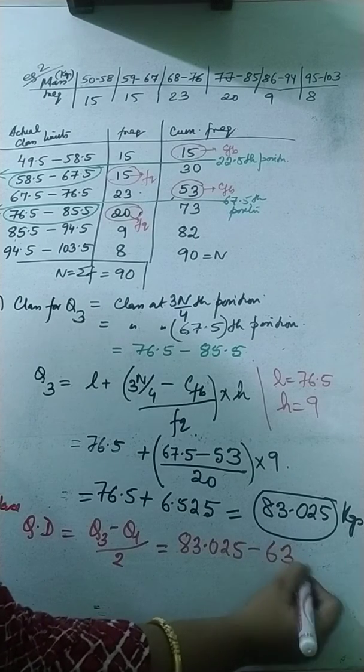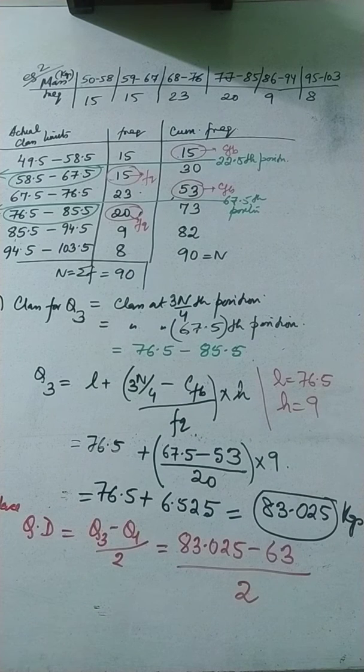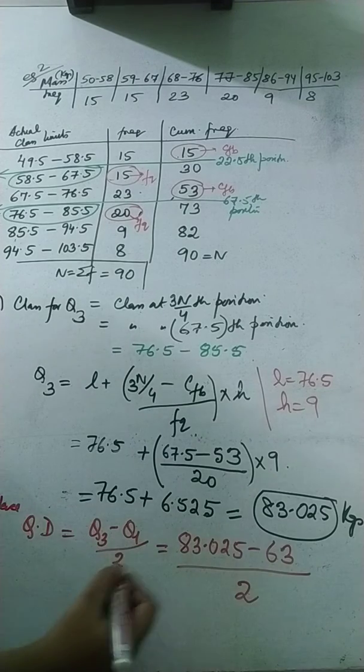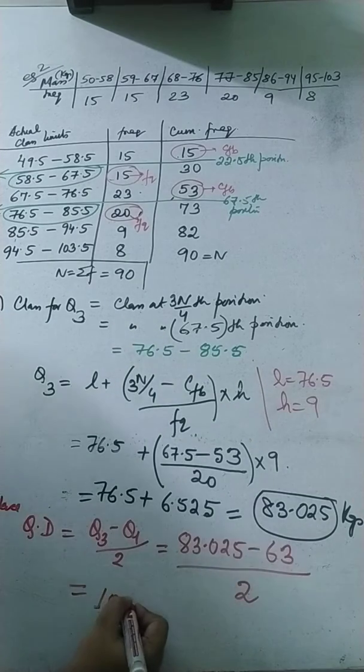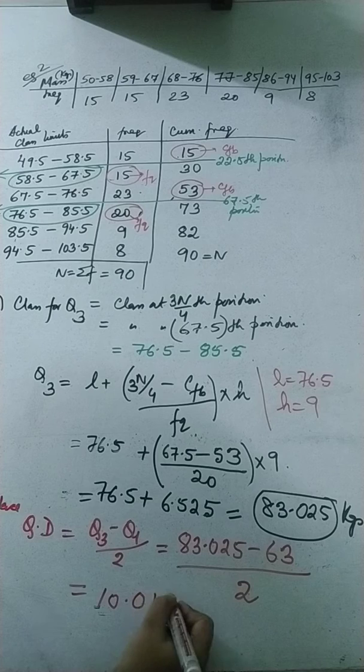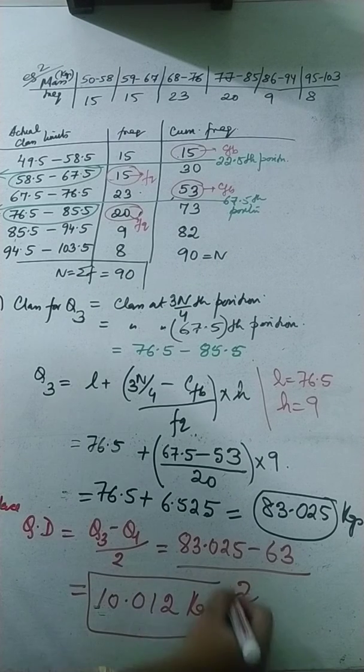Q1 I had obtained as 63 as far as I can remember. So this is what I have. And the final value, I will write it here. It is 10.012 kgs. This is your answer.